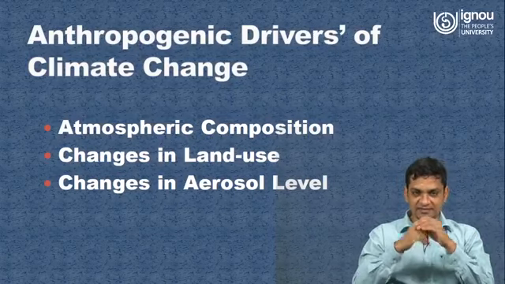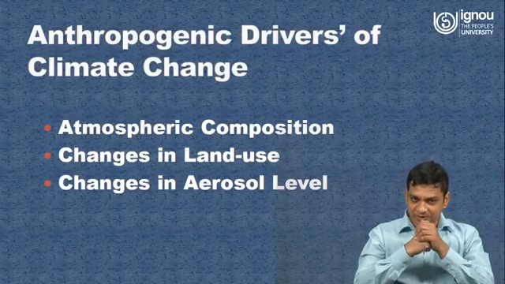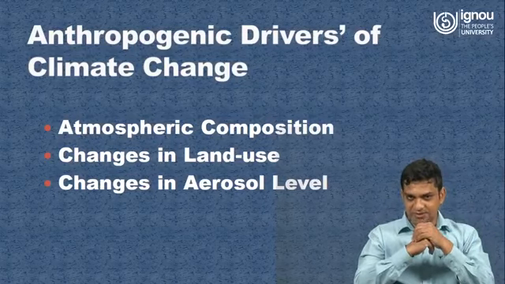Next one is the land use changes. 40% of the land use is under agriculture, and this is because of human activity. Agriculture contributes a lot of gases into the atmosphere, particularly carbon dioxide, because all farm activities, starting from plowing, consume energy and so release greenhouse gases.